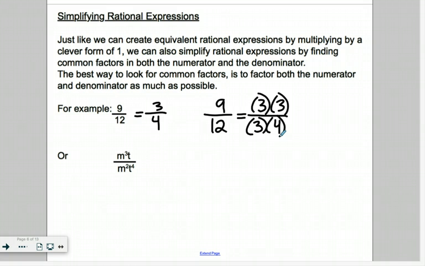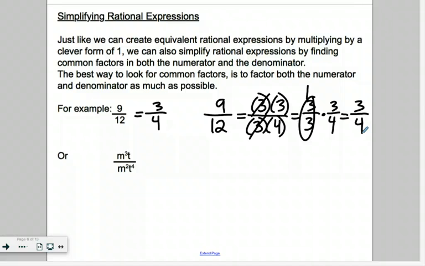Then what you can do, because these are being multiplied, these can cancel, right? Because essentially what you have is, you can also rewrite it like this, where it's 3 over 3 times 3 over 4, right? And this is essentially just 1, so it doesn't really need to be there, and we get that answer of 3/4.